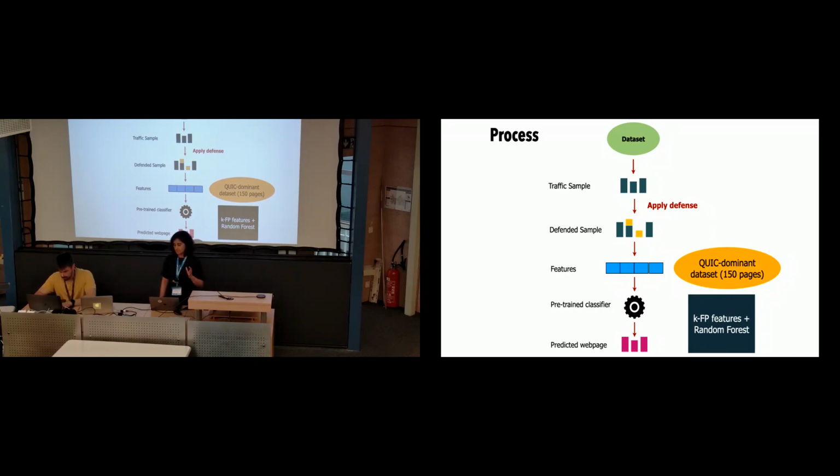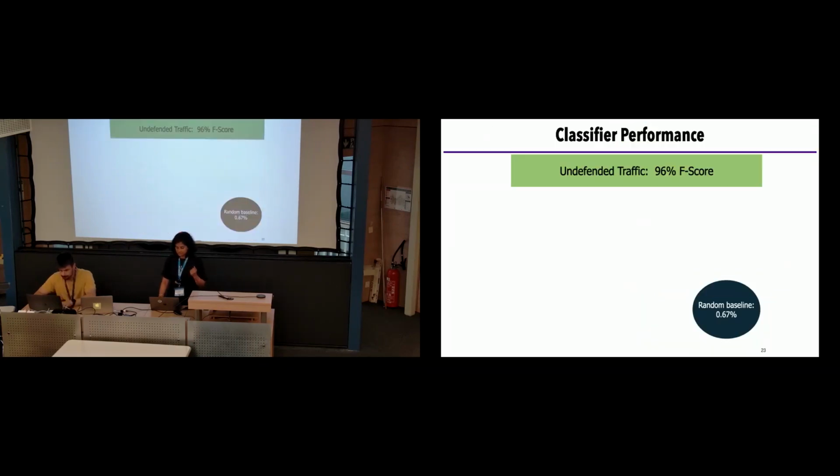The size is based on partnering with Cloudflare and looking at generally the sizes of clusters that are found on the CDN. And we used the K-fingerprinting features and a random forest classifier in order to see which kind of features are most relevant for the defense.